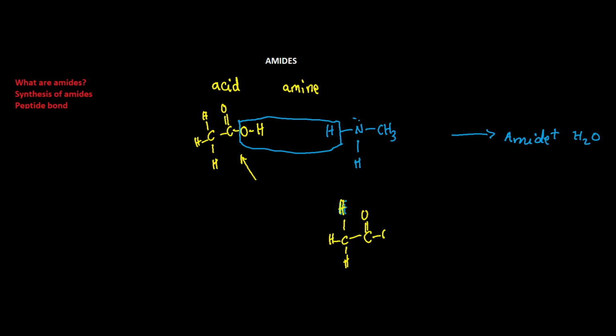So here from the amine we have nitrogen, and the alkyl group with hydrogen on this side. Now I want us to take note of this bond. It's important that we take note of this bond. But this molecule is essentially an amide, okay, and this is how amides are synthesized.